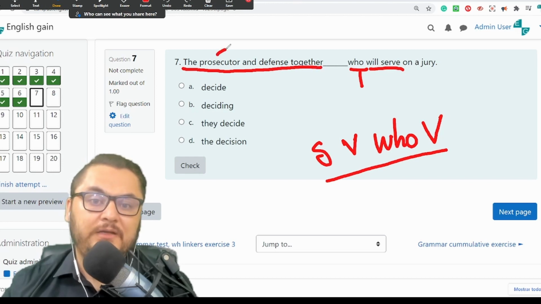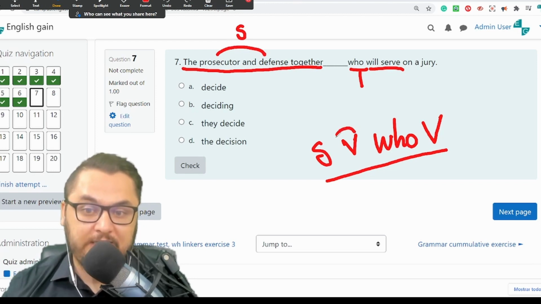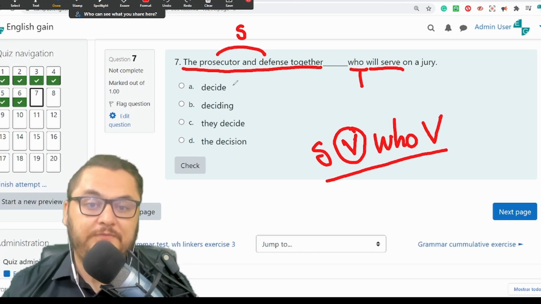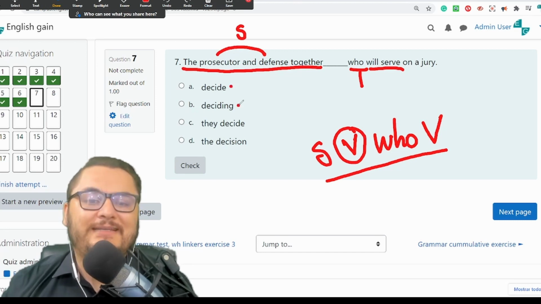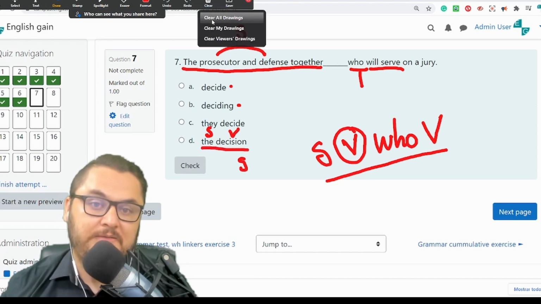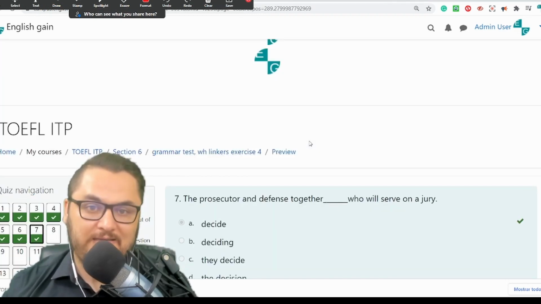All I have here is a subject, a multiple subject, still a subject. Then I need a verb. The answers are here. The verb is decide. This is an adjective. This is a subject and a verb. And this is another subject, which is why our answer is decide.